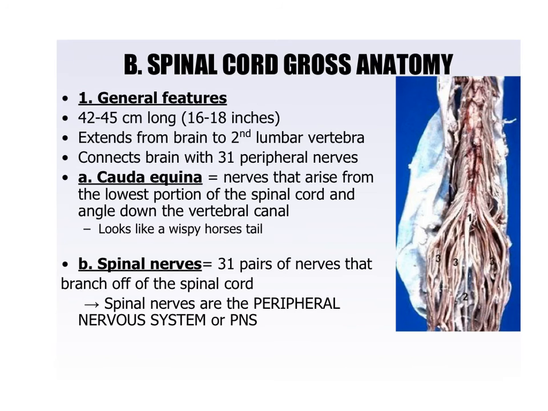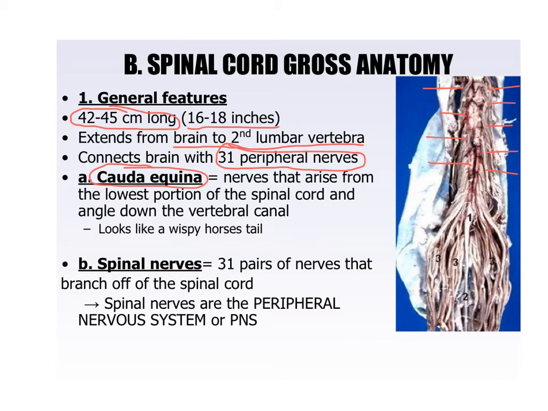Spinal cord gross anatomy, its general features. It's about 42 to 45 centimeters long, or about 16 to 18 inches. Extends from the brain to the second lumbar vertebra. And remember, it connects the brain with 31 pairs of peripheral nerves, which branch off from the spinal cord. Now, below the second lumbar, you have what's called the cauda equina.